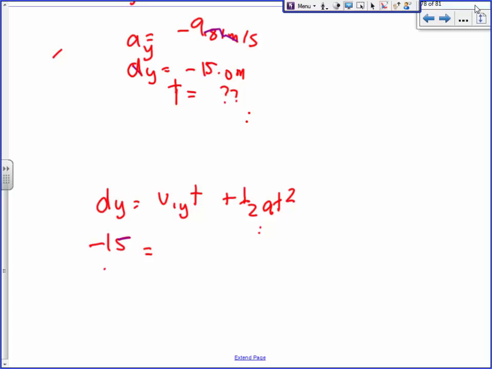what was our y direction? 2.736 t plus 1/2 of negative 9.81 t squared.